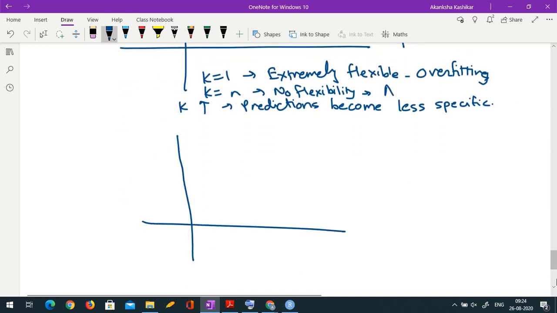What happens to training error and test error? So if this is my k, if I start from 1 and I go on till n, training error for 1 we know is 0. So I am plotting say training error. Let me write just error and then we'll draw training and testing etc. on the same graph.